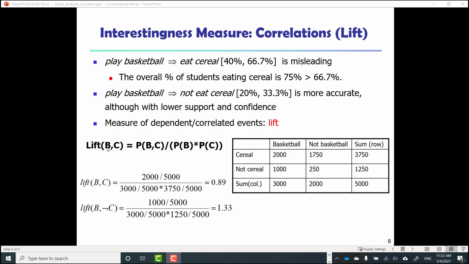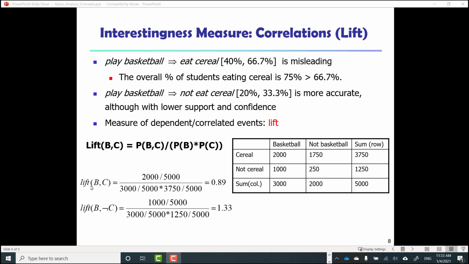But anyhow, the lift between B and C, basketball and cereal, is the probability of B and C, that is the support of basketball and cereal over the total, divided by the probability of basketball, 3,000 transactions over the total, times the probability of cereal, 3,750 divided by 5,000.